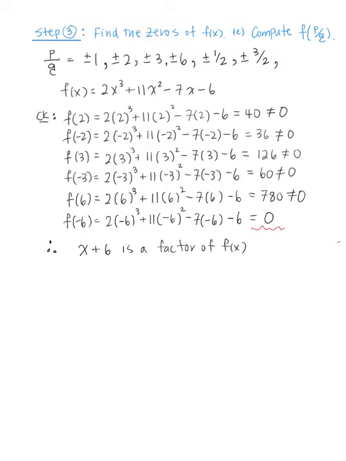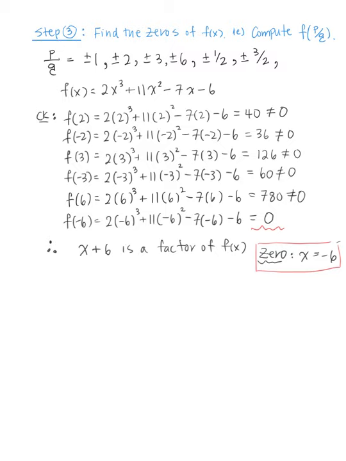I'm doing this so that we can get the rest of the zeros, but for now we know for sure that negative 6 is a zero of our f of x. So let me write that out: one of the zeros is x equals negative 6. Let me box that so I don't lose it.